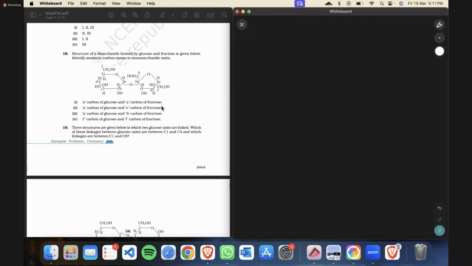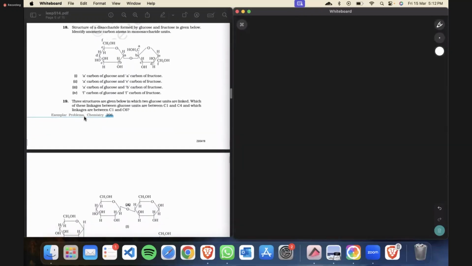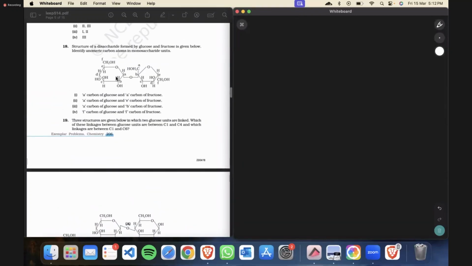So option C is correct. The carbon adjacent to the oxygen atom in the cyclic structure of glucose or fructose will be the anomeric carbon. What does anomeric mean? It is the one attached to oxygen. In the structure given to you, A carbon of glucose and B carbon of fructose. Simple. So option number 3 is correct. They could have made this question a little more difficult by switching the names of glucose and fructose so that you need to remember these diagrams, but leave it.